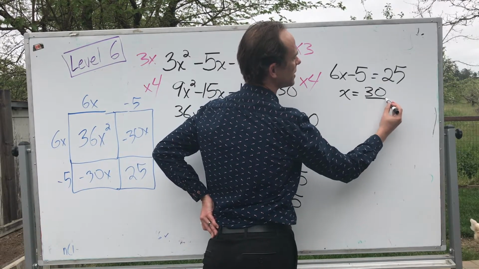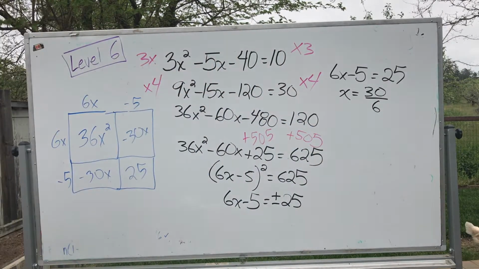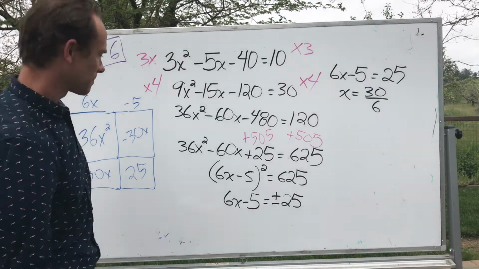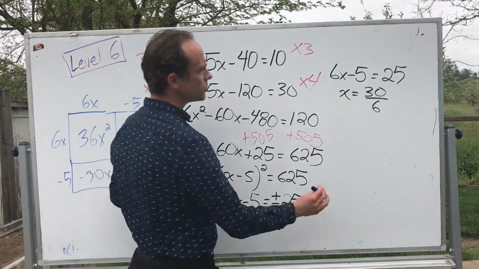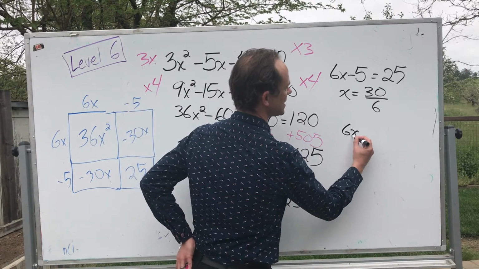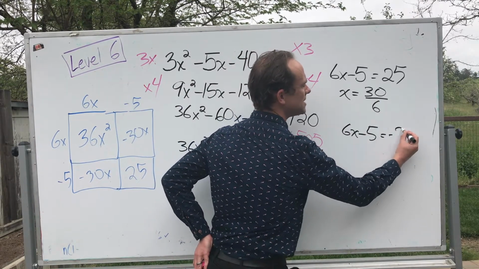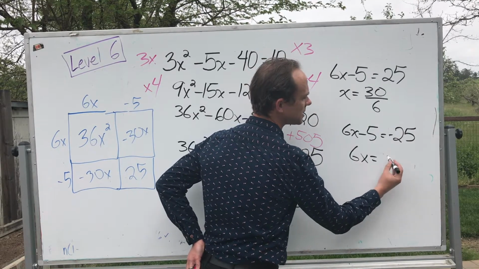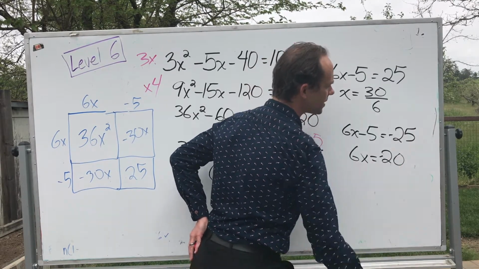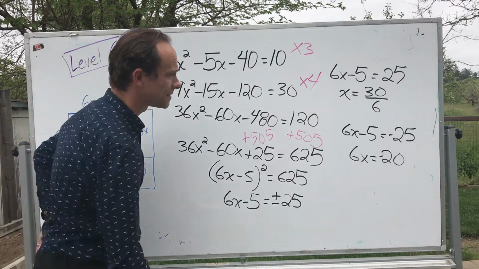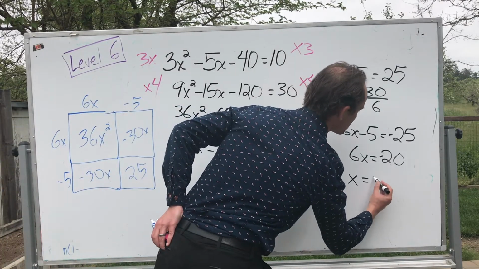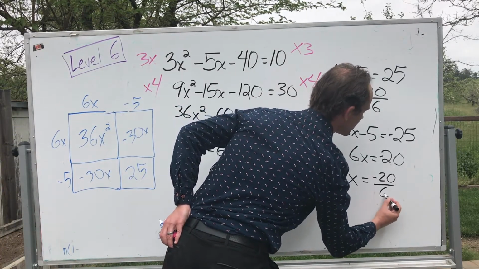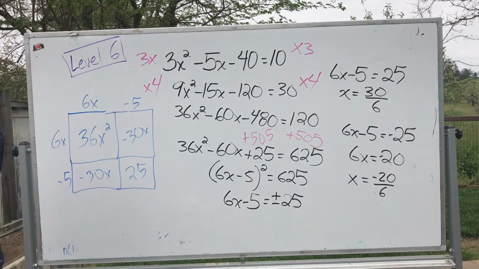So we'll get 30 divided by 6. All right, excellent. And then we'll do 6x minus 5 is equal to negative 25. So if you add 5, 6x is equal to negative 20, and so you get x is equal to negative 20 divided by 6.